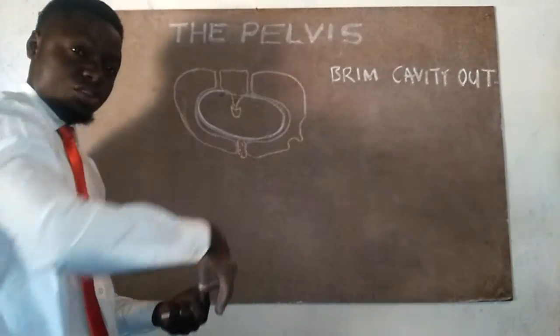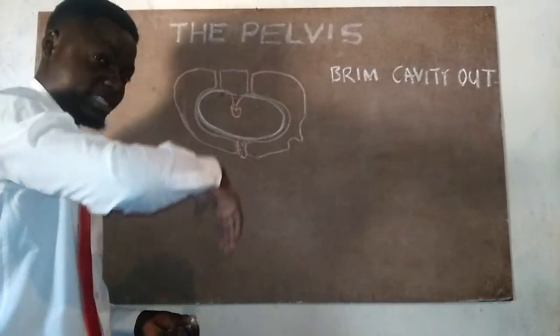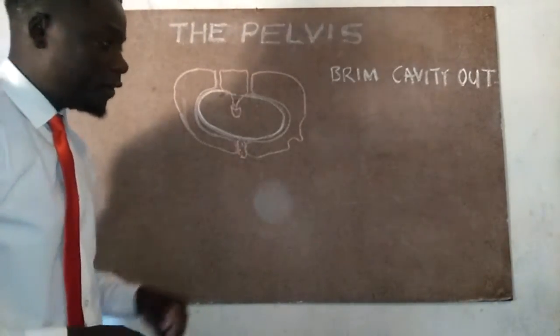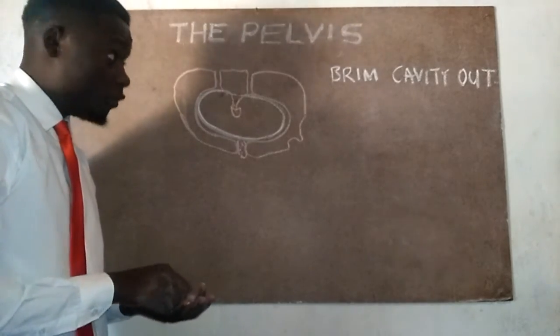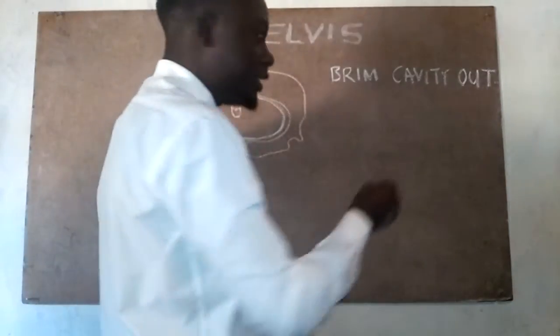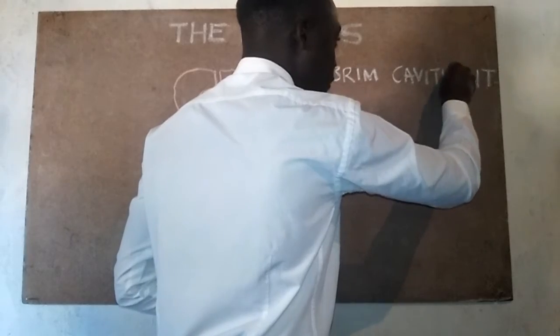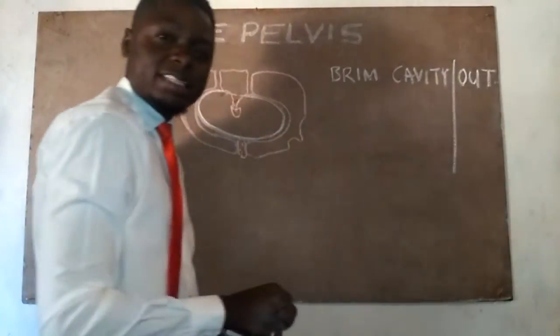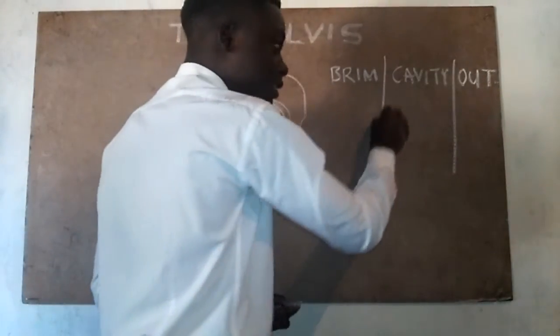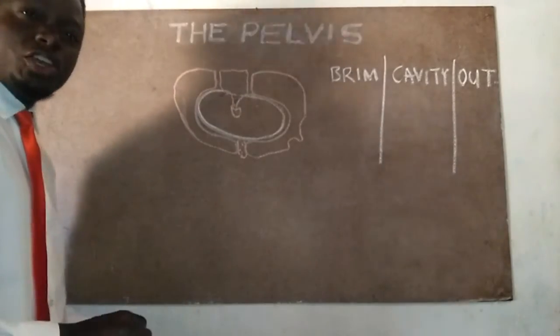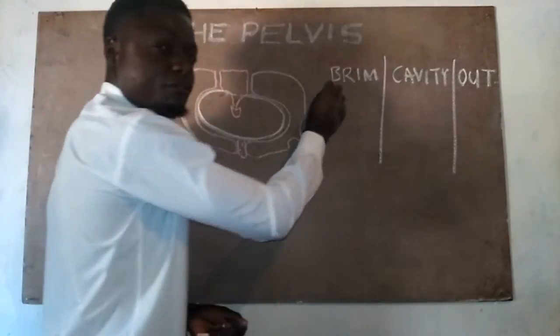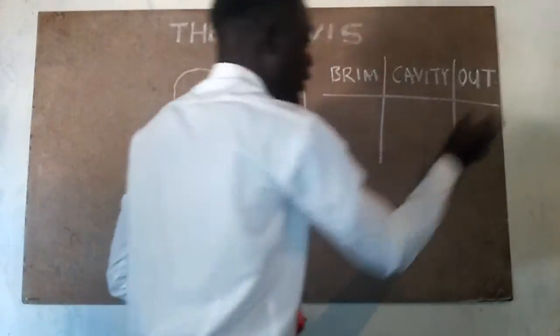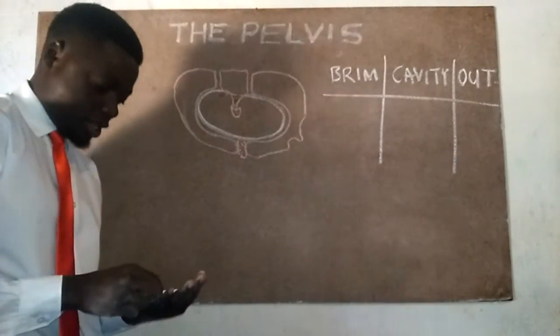So the baby going down, descending, enters the brim, that is the inlet, and enters the cavity, passes through the cavity, and on its way out, it's going to pass through the pelvic outlet. These are the ones that we are specifically talking about.